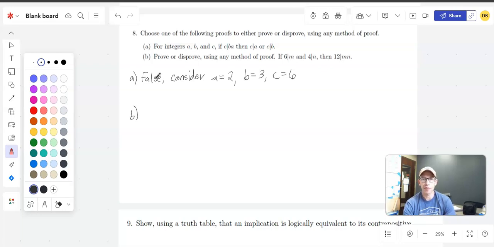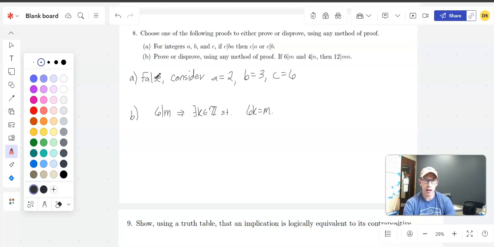On B, if 6 divides m and 4 divides n, then 12 divides mn. So let me go through the proof and then I'll show you true or false. So 6 divides m implies there exists an integer k, I'm just going to use symbols to shorten this a little bit, such that 6k equals m.